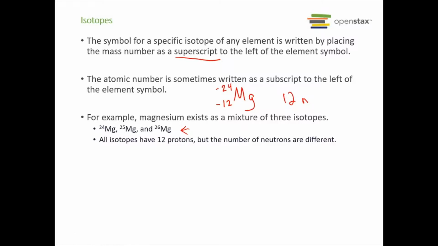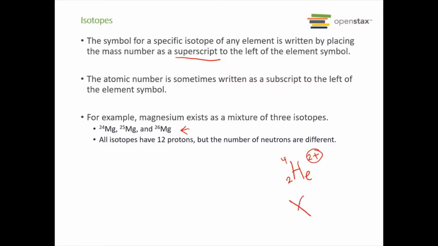Another thing that'll happen is if you have a charged ion. Okay, so for instance, your book shows helium with a mass number of 4, atomic number of 2, and this helium, which this doesn't really happen, but whatever, has a charge of 2+. Actually, this does happen, just kidding. So the charge would then go in the upper right hand corner.